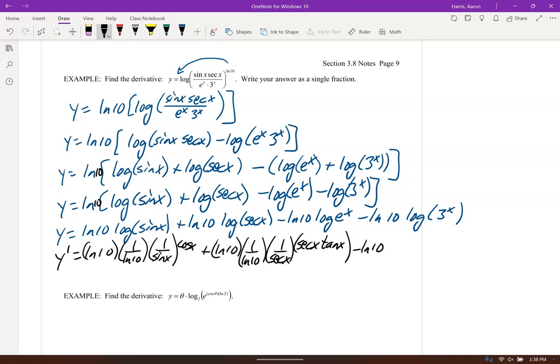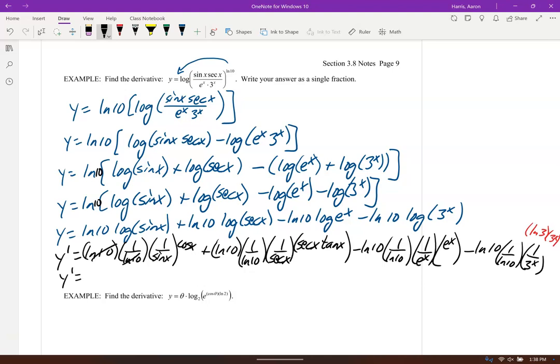Minus ln of 10, 1 over ln of 10, 1 over e to the x, derivative of e to the x, e to the x. I'm not going to write the ln of e because it's just 1. Minus, last one, ln of 10, 1 over ln of 10, 1 over 3 to the x, and I'm running out of room here, ln of 3 and a 3 to the x because I took the derivative of 3 to the x there.